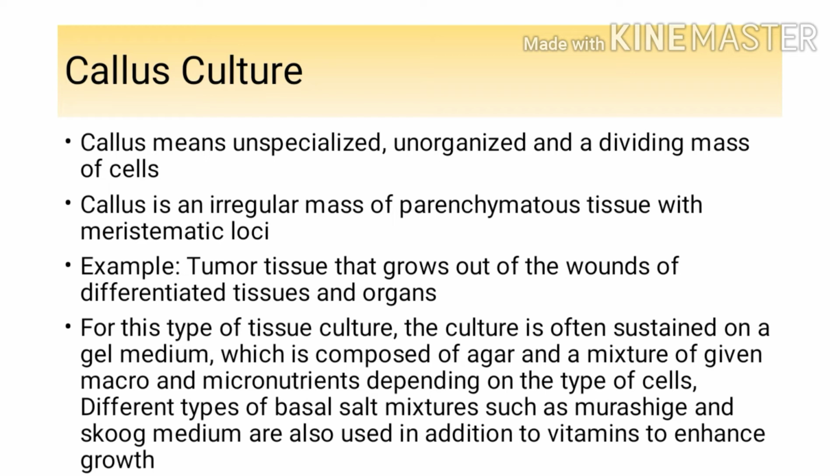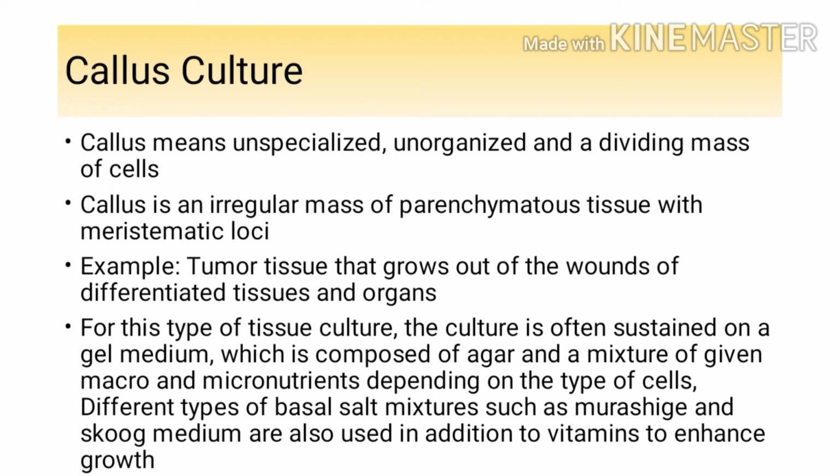For this type of tissue culture, the culture is often sustained on a gel medium. When you are dealing with callus culture, the nutrition medium you are using must be a gel medium, which is composed of agar and a mixture of macro and micronutrients that depend on the type of cell.